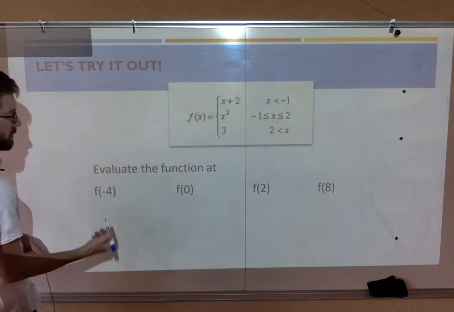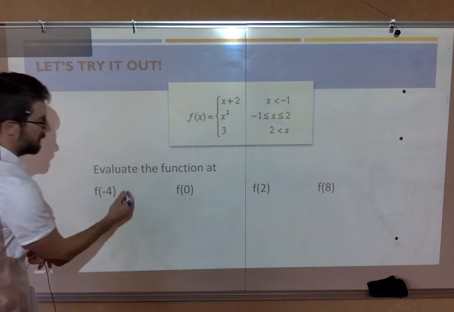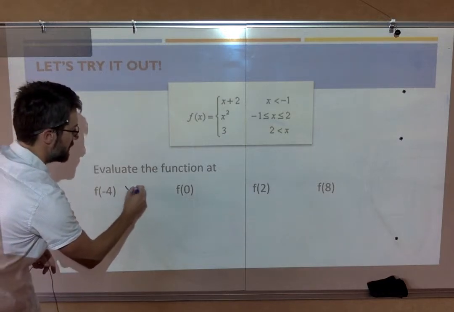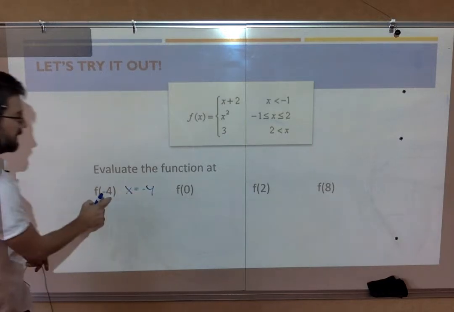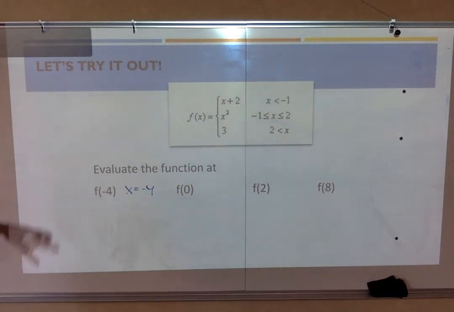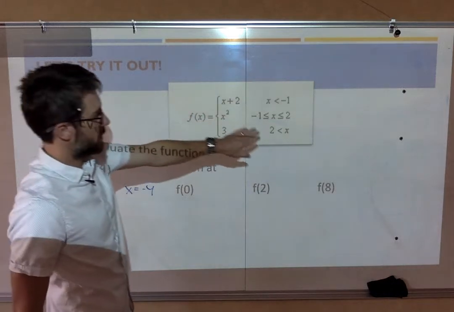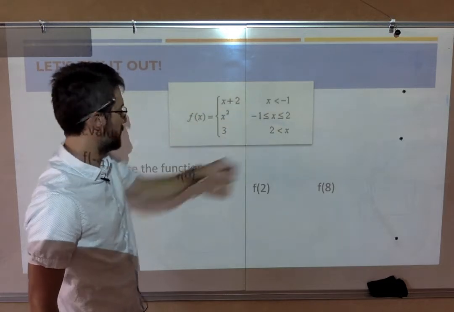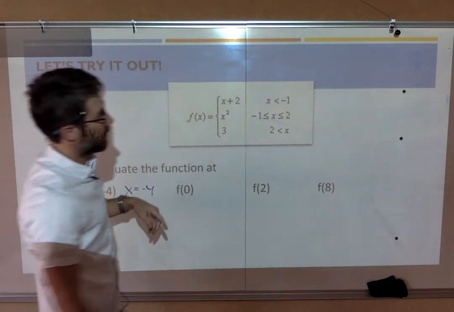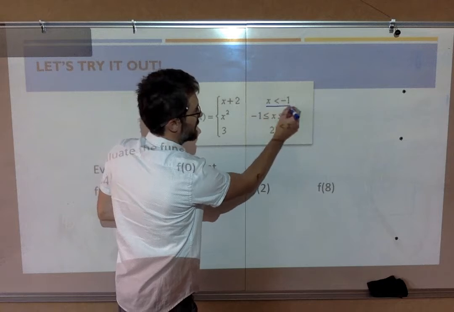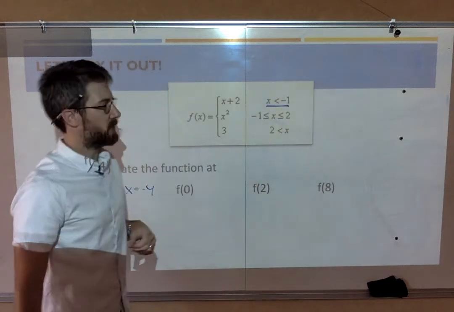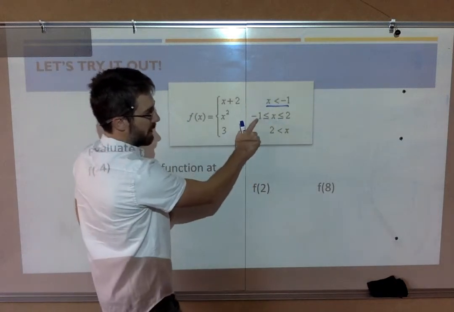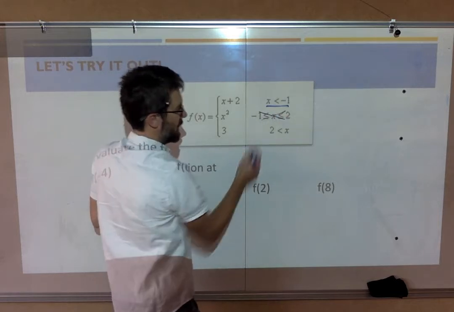So for f of -4, that means x equals -4, right? That's the x value. So first thing I'm going to do is look to my inequalities and determine which one x fits into. X is -4. -4 is less than -1, so I'm going to use this top one. -4 is not between -1 and 2, so it's not that.